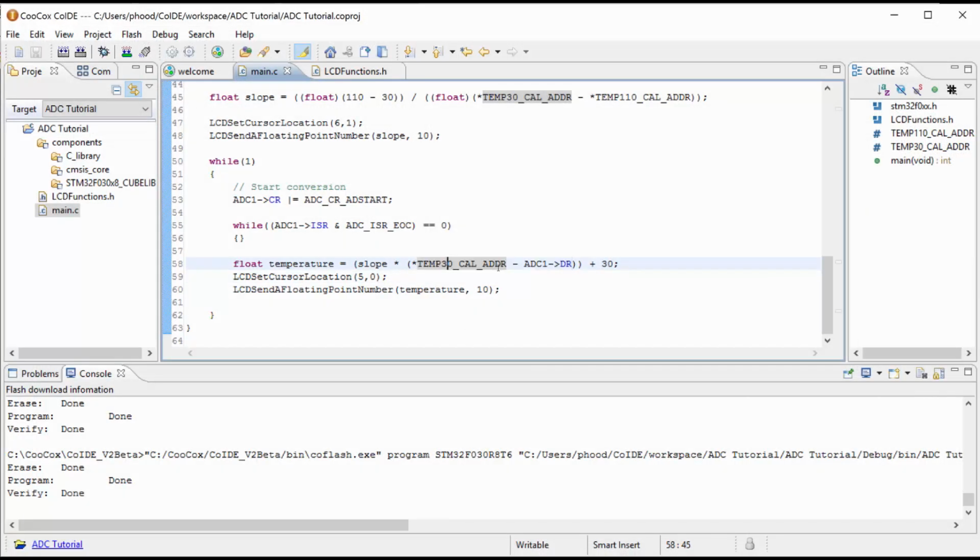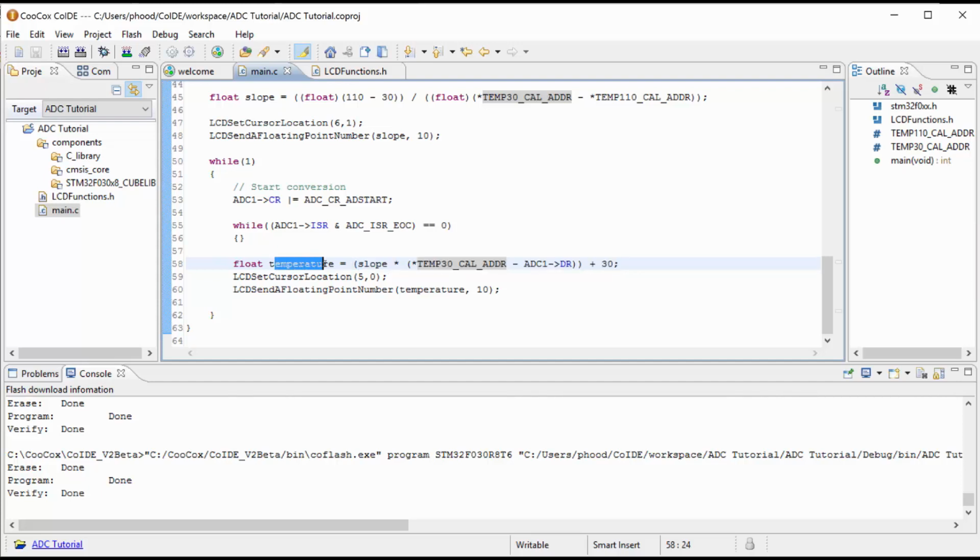This would be the vsense, I guess. It has nothing to do with dividing it by 4096 and getting the value of the 30-degree calibration temperature, but we're multiplying the slope by that. And that makes sense to me, because slope multiplied by the x value plus the offset seems correct, because this is more like a slope-intercept formula.